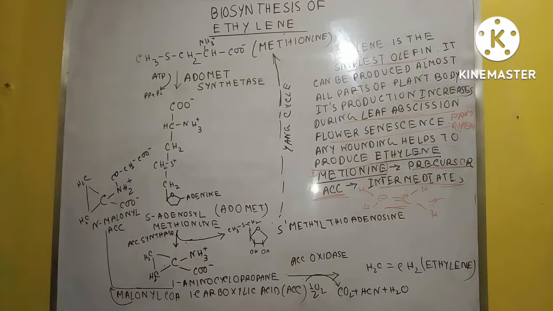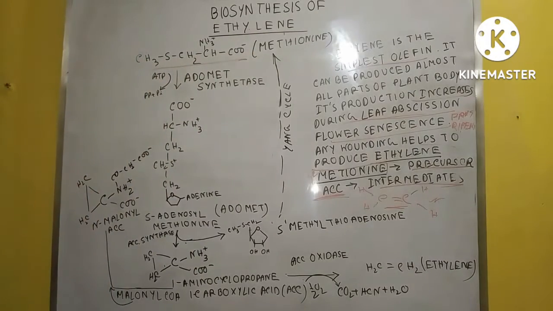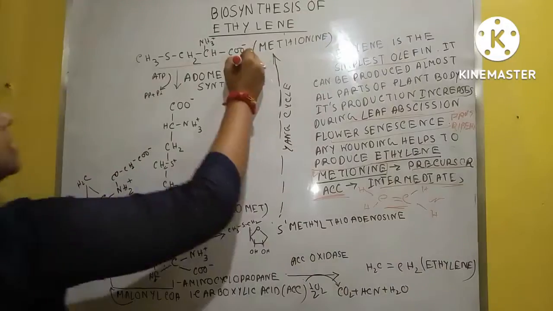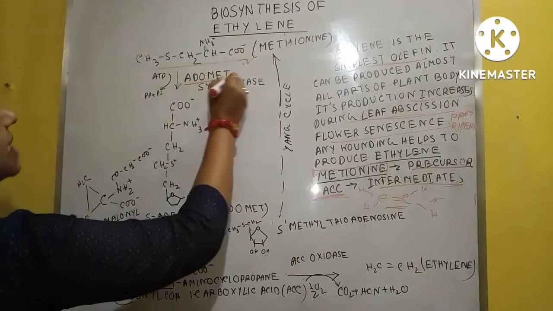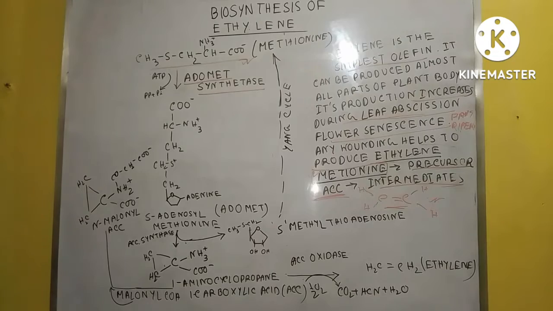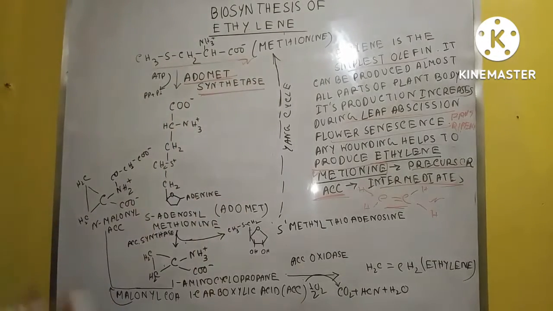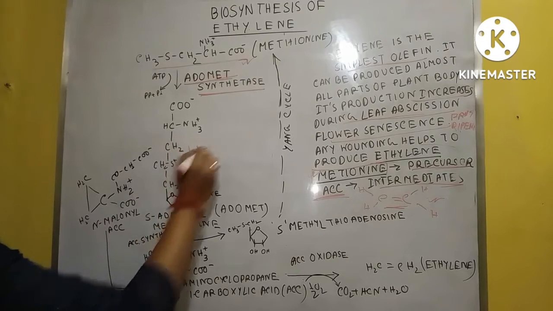So now we learn how the biosynthesis of ethylene occurs. Clear? So this is methionine. You can see here, this is methionine. And methionine, in the presence of the enzyme SAM synthase, converts into this one. What is this?